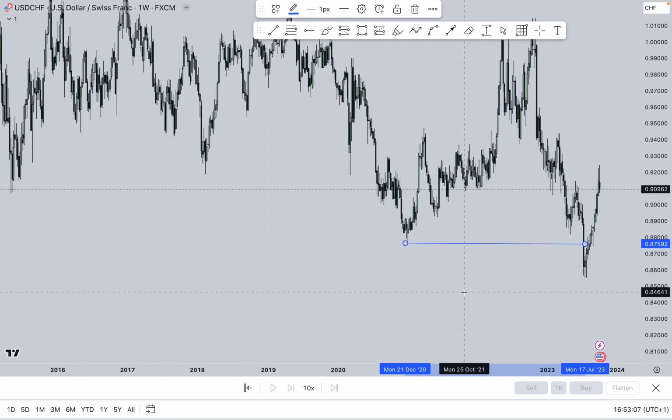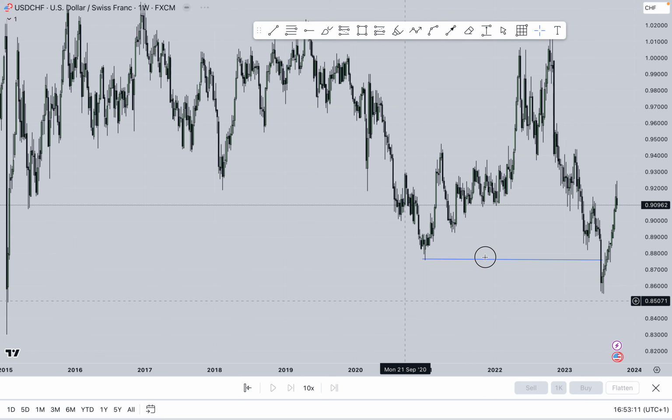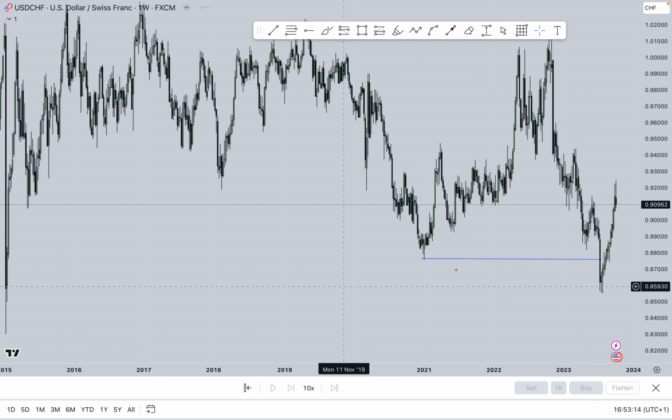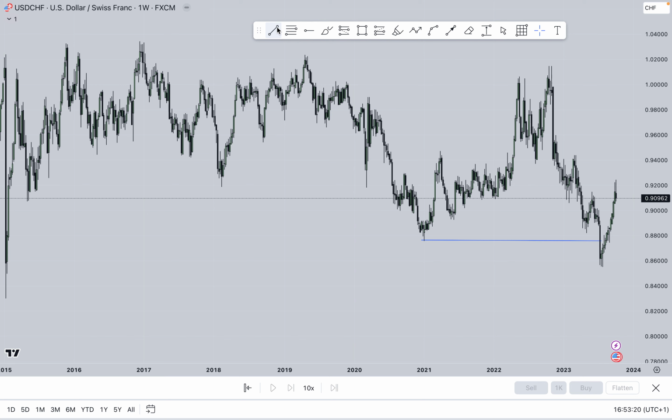Not moving like the dollar, but we have this break of structure here, knowing fully aware that something might happen. So I take our swing high, swing low, another one here.